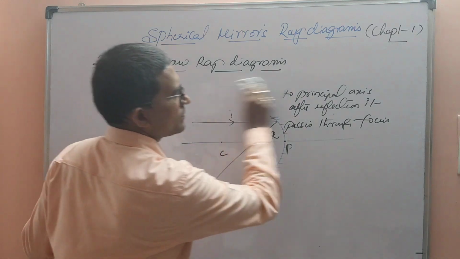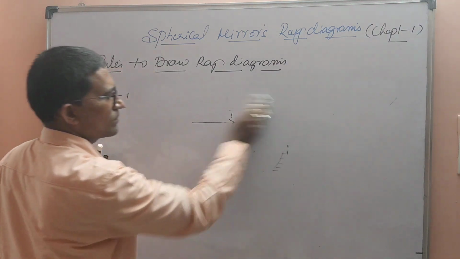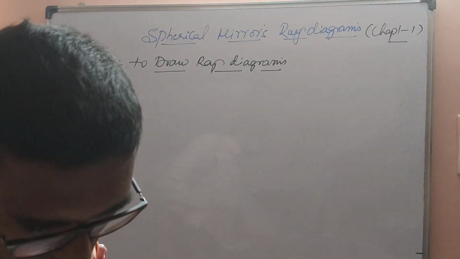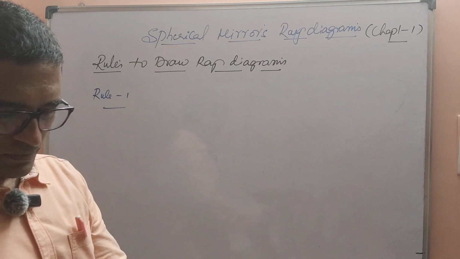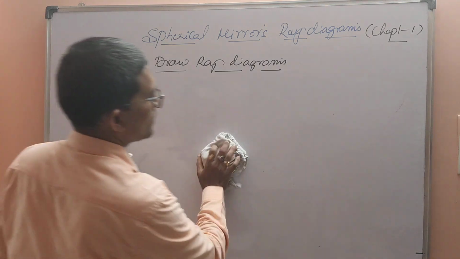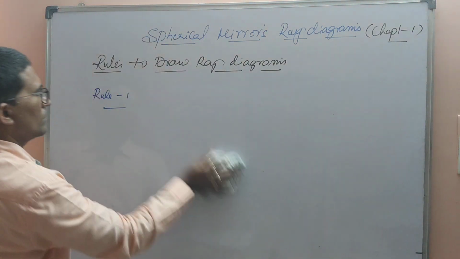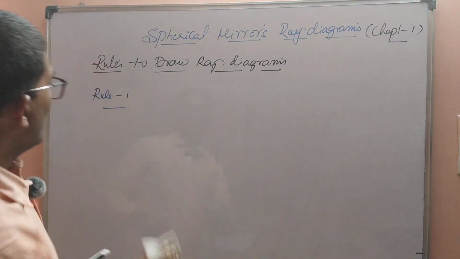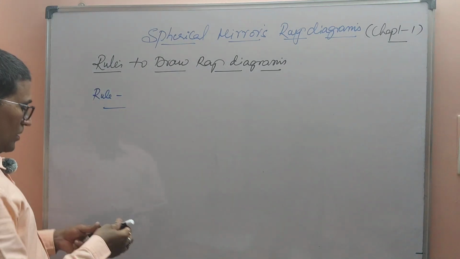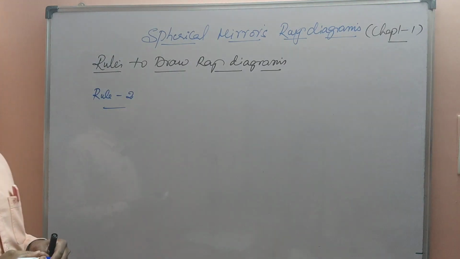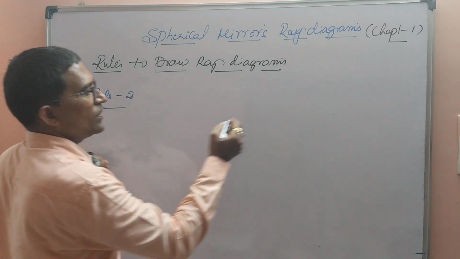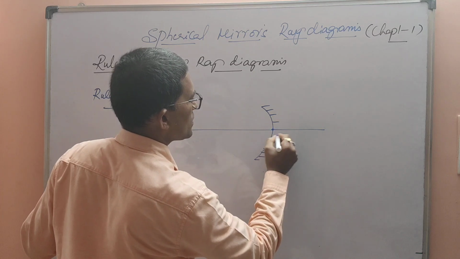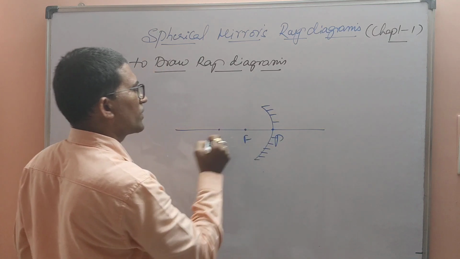Now, the second one. Rule 2. This is a concave mirror, this is the pole of the mirror, this is the focus, and this is the center of curvature.